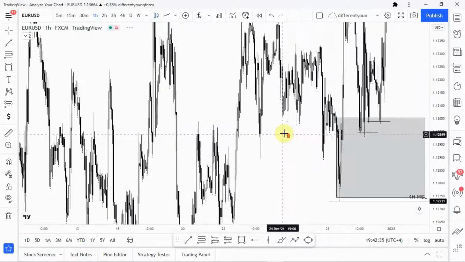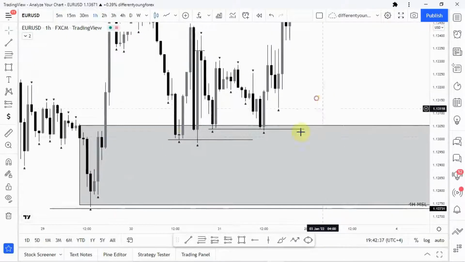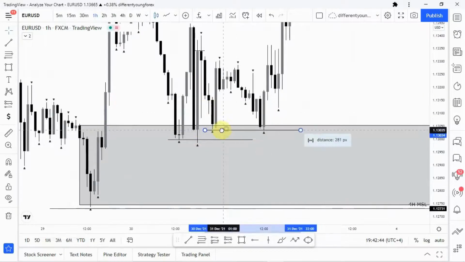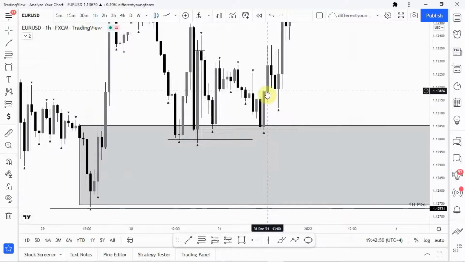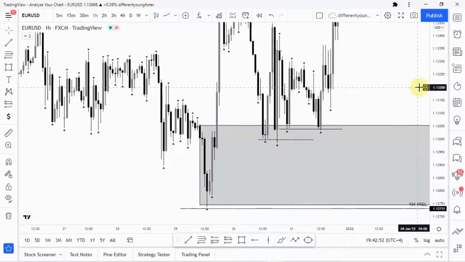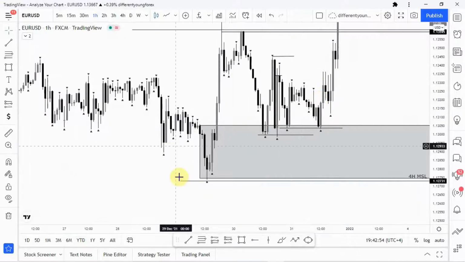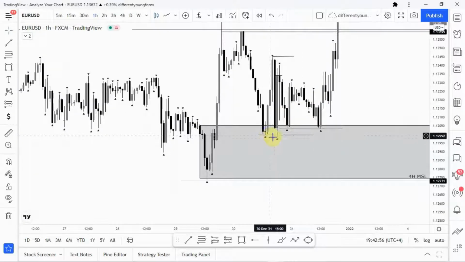The next day, what we saw is price came into this block. It took liquidity here with this bullish candle, and our momentum was already bullish. 4H flow was bullish. We had the 4H raid behind it.